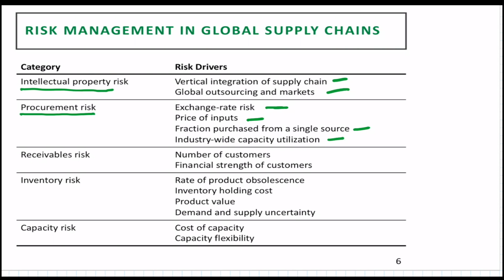Similarly, there is a receivables risk due to the number of customers or the financial strength of the customers. Customers may not be able to pay on time, or if they are going through bad times, there may be a lot of delay in paying back the money. There is an inventory risk in global supply chains. Sometimes a product may become obsolete for various reasons.